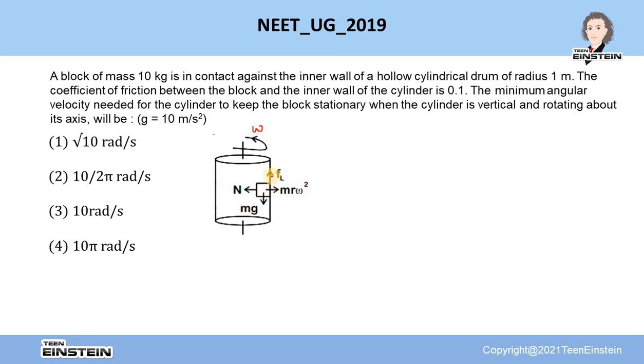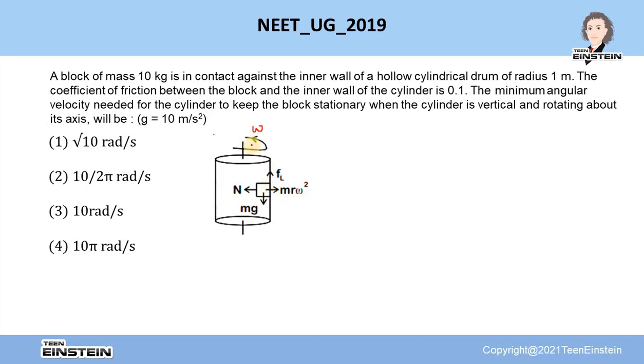So weight is downward, friction is in the upward direction. Suppose this friction is a limiting friction. That's why it is written as FL.